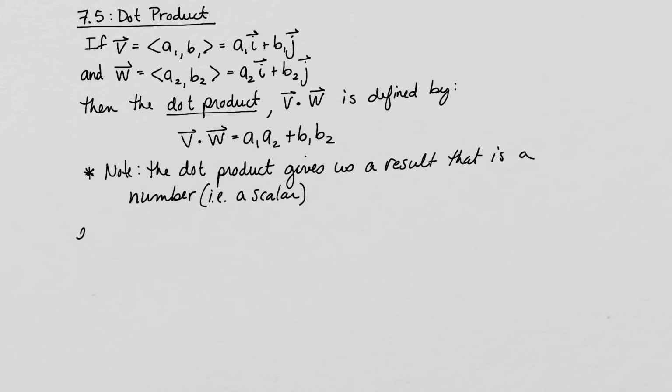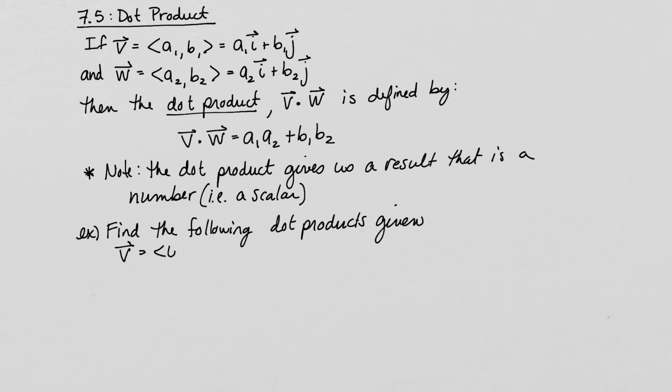So, for example, find the following dot products given vector v is equal to 6, negative 7, and vector w is equal to negative 1, 4.